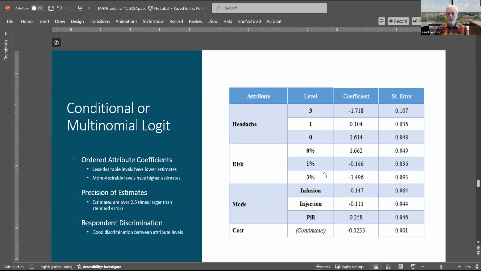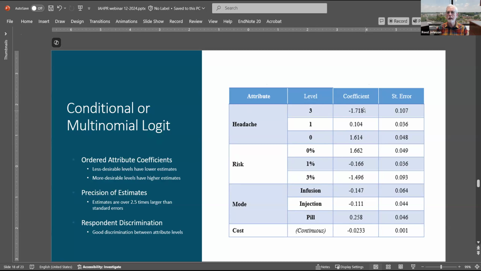The programs included in the supplementary materials will give you these estimates, and these are effect coded. So you can see if you take the negative sum of 1.6 and 0.1, you get minus 1.7. The nice thing about this is that you get a parameter estimate for everything.